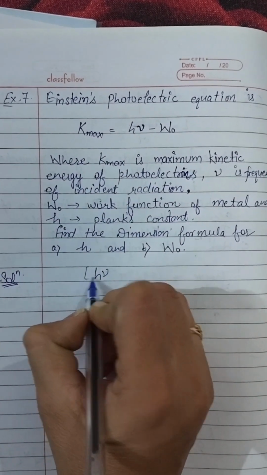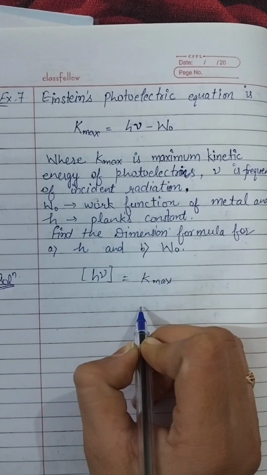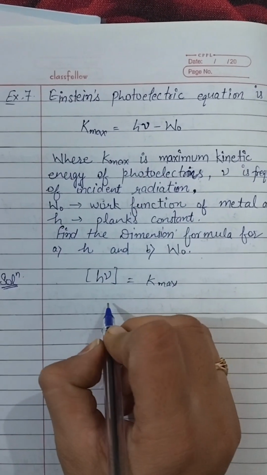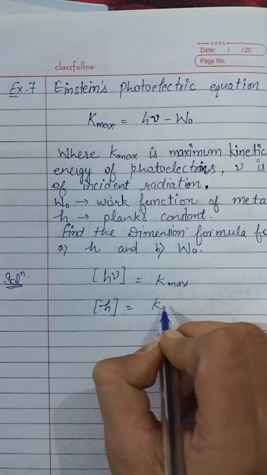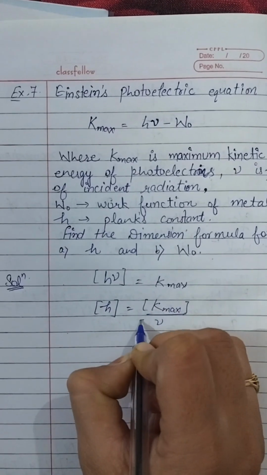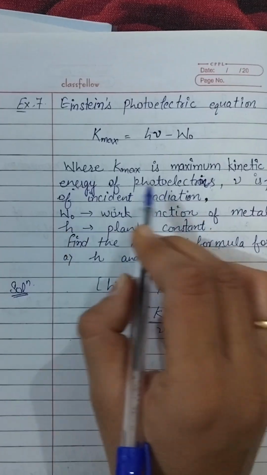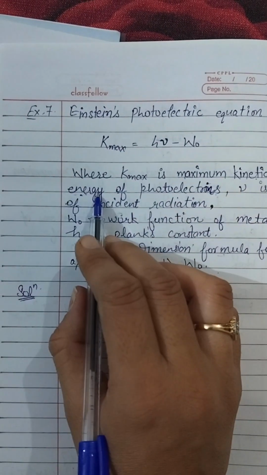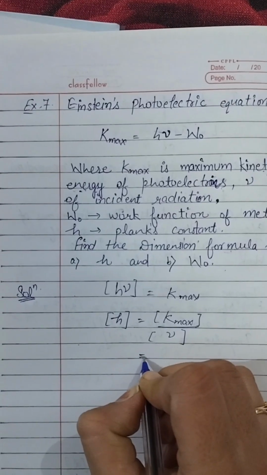So h nu is equal to K max, and the dimension of h is equal to K max upon nu. K max is the kinetic energy, so we can write the dimension of energy is equal to K max.